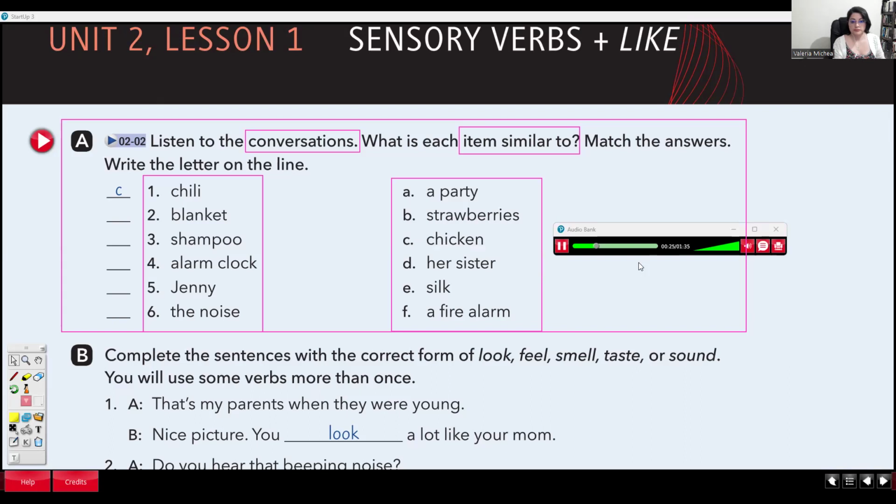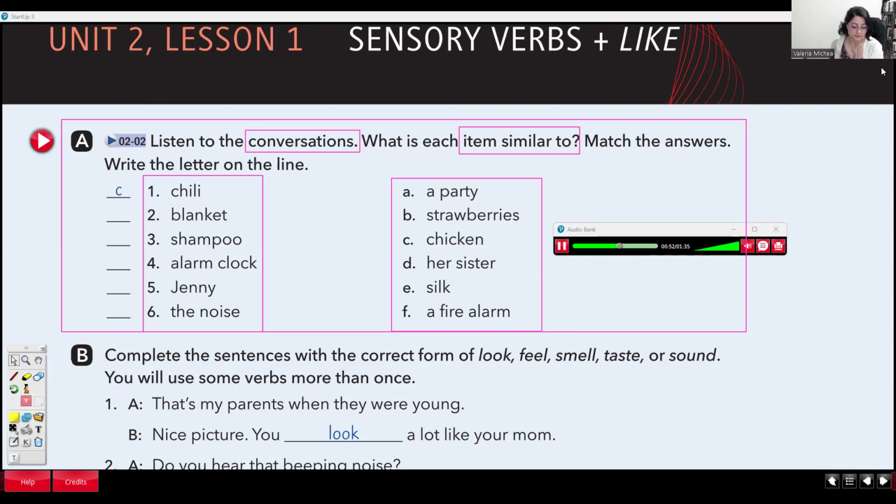This material feels like silk. Ellen will love it. 3. Try this shampoo. It smells like strawberries. I like the smell of strawberries, but not for my hair. Okay, how about this one? It smells like roses. It's nice, but that's not shampoo. It's lotion.